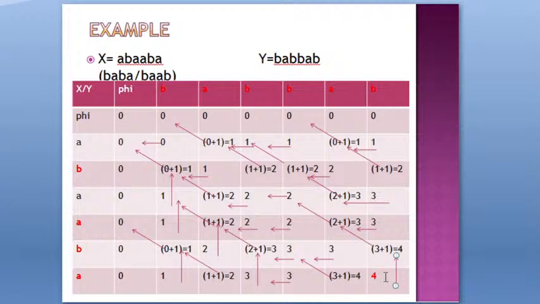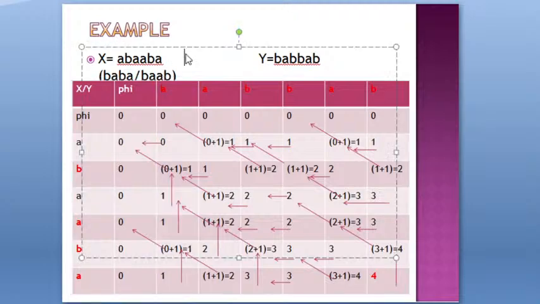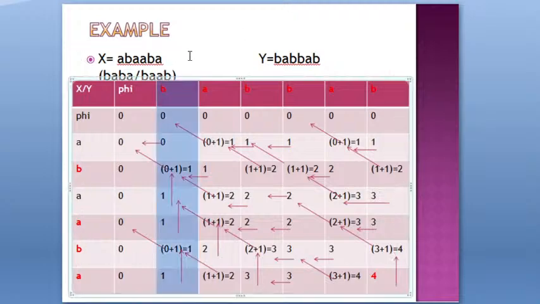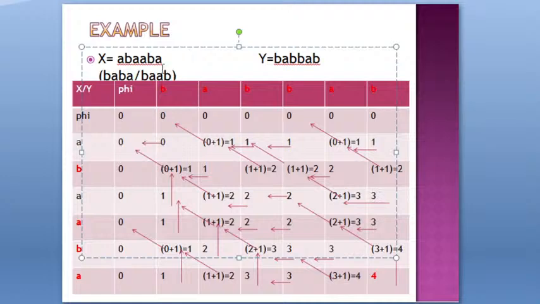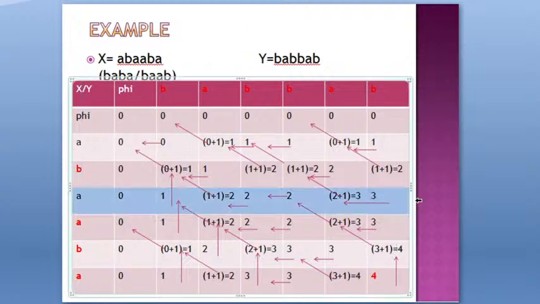So if you are selecting 4 from this place, not from the left hand side, then BAAB is also a possible subsequence. You will see that BAAB is also possible if you select the arrow from the other side, from the upper row. Okay. So this way we will get our longest common subsequence.